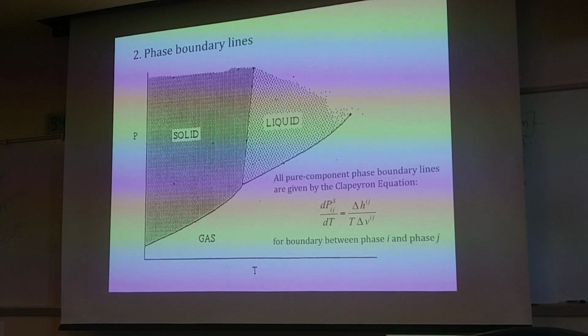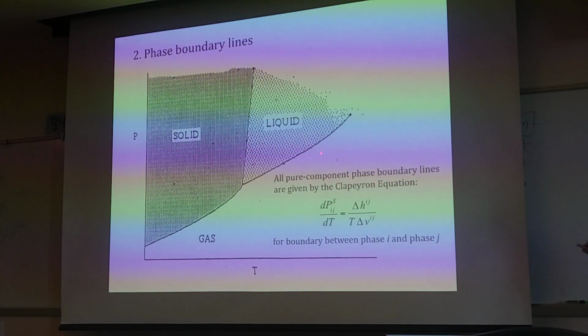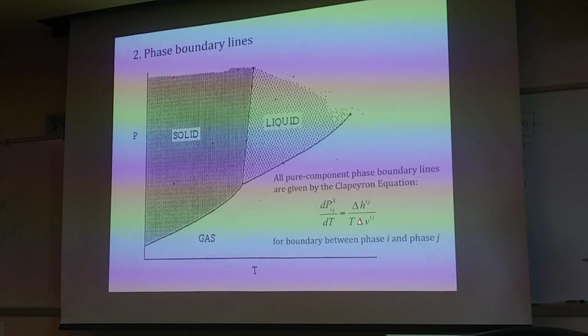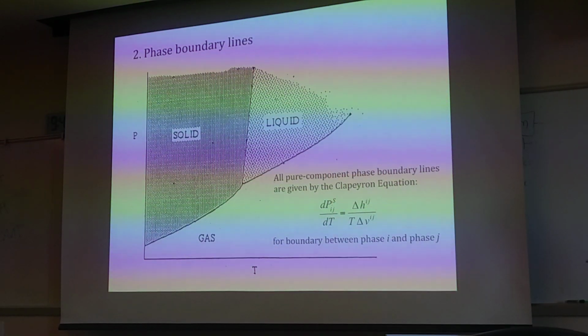These are all first-order phase transformations, so this is the heat of, for example, vaporization for this curve, divided by the temperature times the molar volume change when we go from one phase to the next. So everyone see that? And this is rigorous, so if we have data that allow us to evaluate it, we can nail it in exactly.